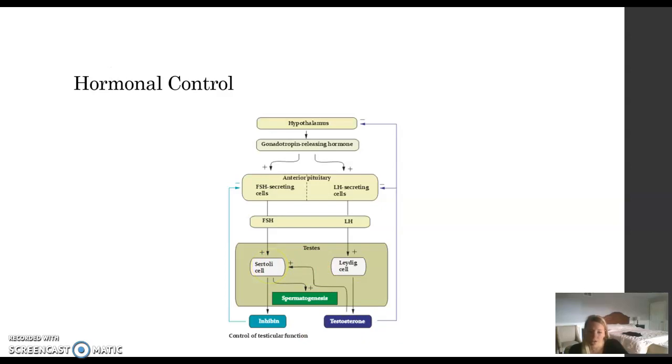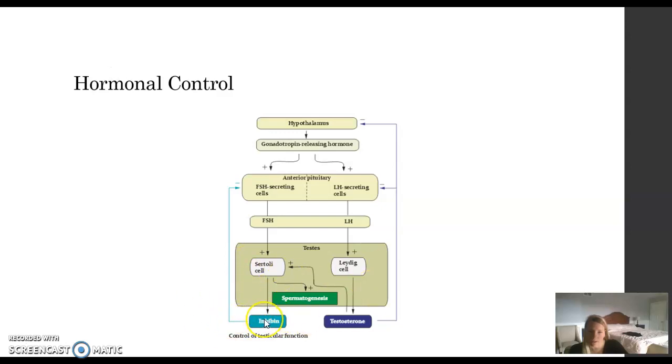So in addition, FSH is also stimulating these cells, and they're going to release an androgen-binding protein. So in this case, the testosterone is really going to increase. And when spermatogenesis gets to a certain level, the Sertoli cells are then going to release inhibin. And here is where we're going to have this negative feedback.